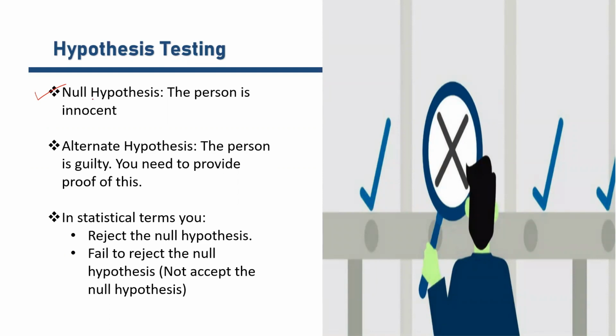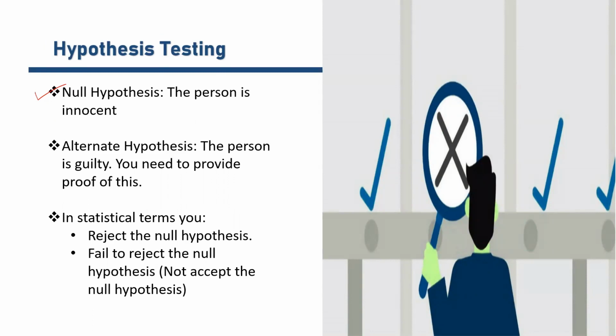So in that case, the null hypothesis will stay, right? If you're not able to prove that the person is guilty, it's obvious that the person is innocent. So your null hypothesis, which was your original assumption, will stay true, right? So this is how you look at the scenario in terms of the court of law.